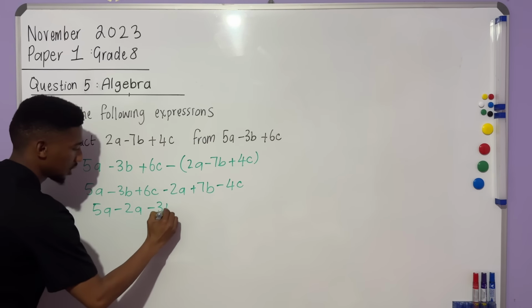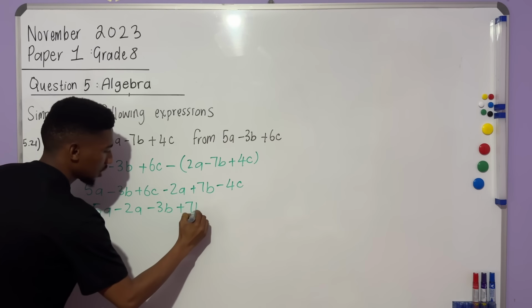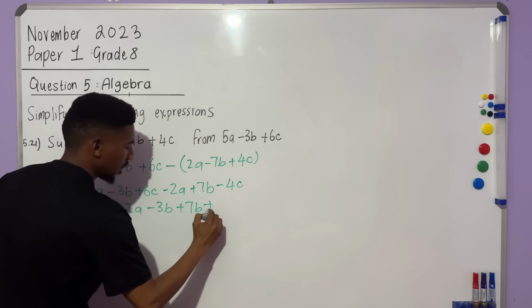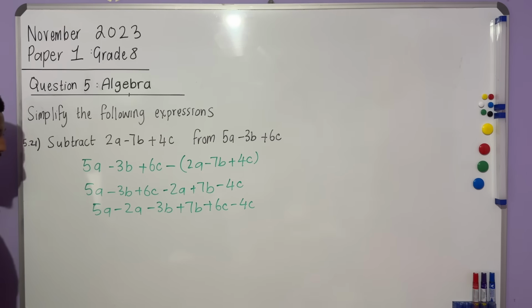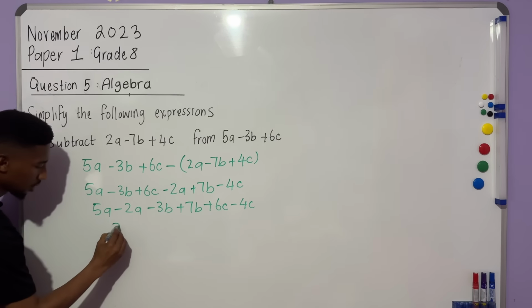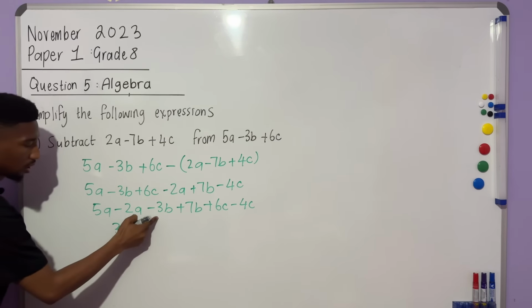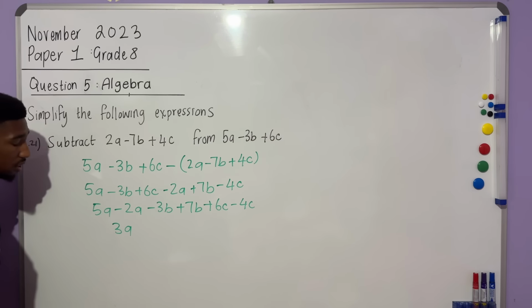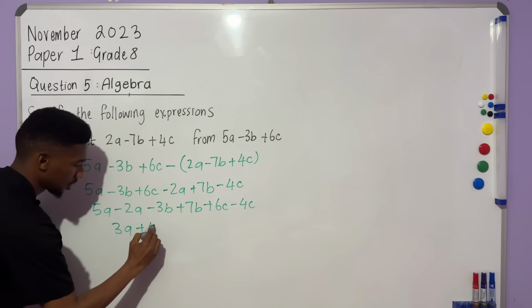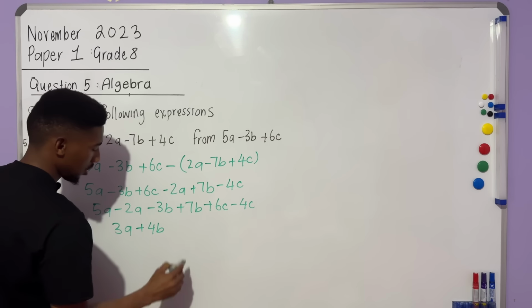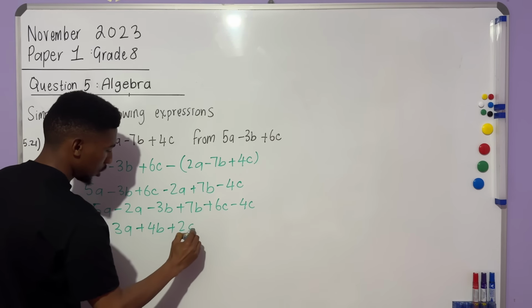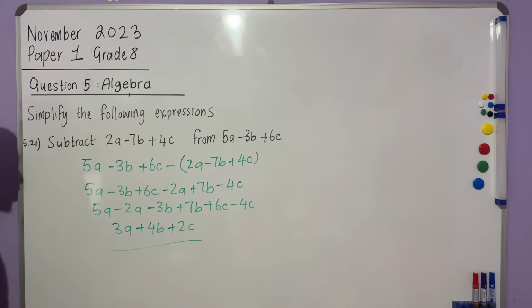We have minus 3b with plus 7b. And we have plus 6c minus 4c. These like terms give us 3a, minus 3b plus 7b gives us plus 4b, and 6c minus 4c gives us plus 2c, and we stop there because these are not like terms, because the letters are different.